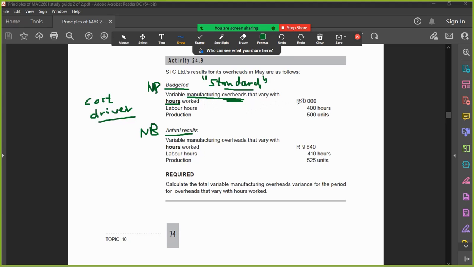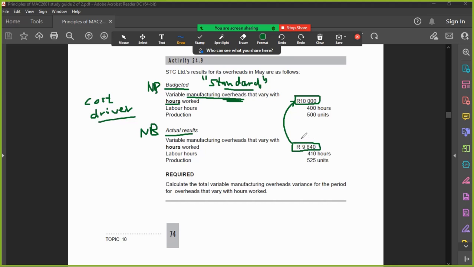Okay, so here you've got 10,000 Rand worth of overheads. You've got the number of labor hours amounting to 400 hours. And then they've also given you the production, which is 500 units. So they're telling you how much is being produced in that facility. And then if you look at the actual, obviously here you can see that the variance is favorable. Do you agree?